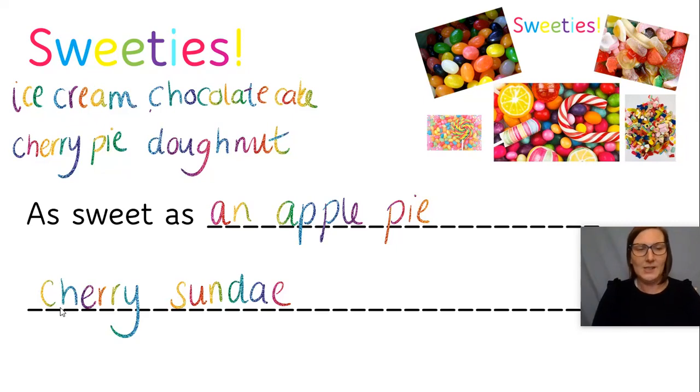They are really nice. So I thought, well, our lollipop could be as sweet as a cherry sundae or as sweet as an apple pie. Would you like to now pause the video and have a think? What could you describe the sweets are like? So they're as sweet as what? What things could you describe there? Pause the video. Have a go at that now.